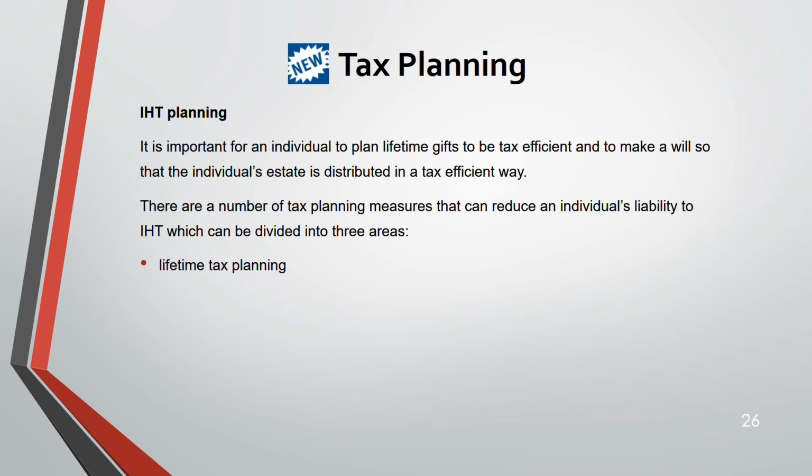First, lifetime tax planning. Second, death estate planning. Third, married couples and civil partners planning. We'll go through the lifetime, death estate and married couples in detail. The overall objective of all the IHT tax planning measures is to minimize the amount of tax payable and maximize the inheritance of the next generation. Two things.